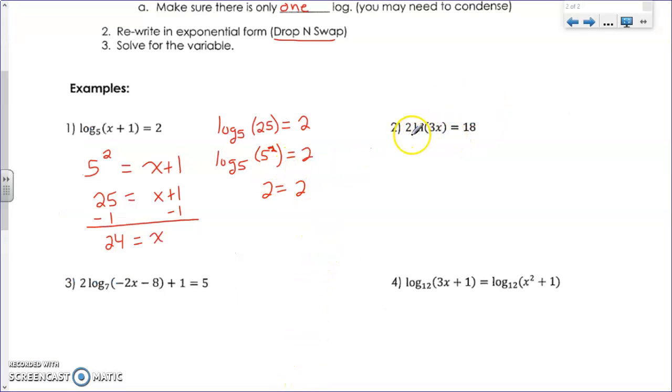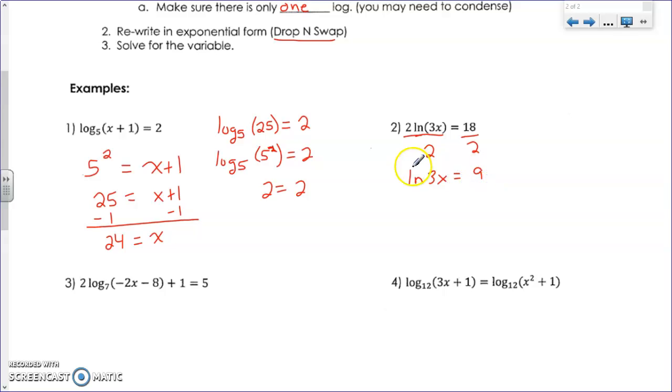Here, we need to move this 2 to isolate the log part. Remember, ln is log base e. So we're going to divide both sides by 2. That gives me ln 3x equals 9.